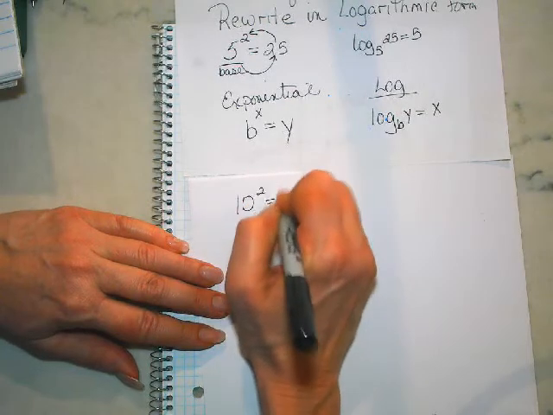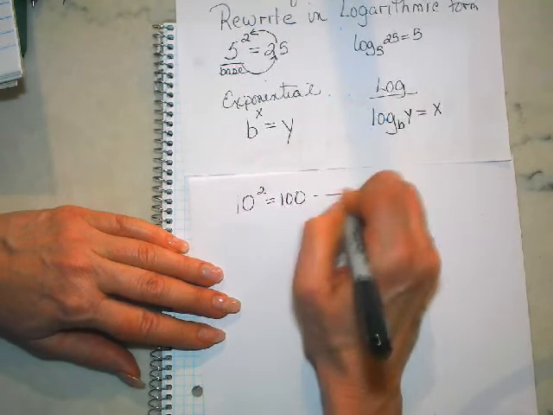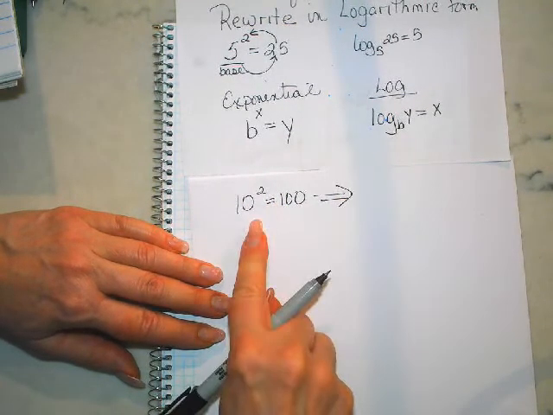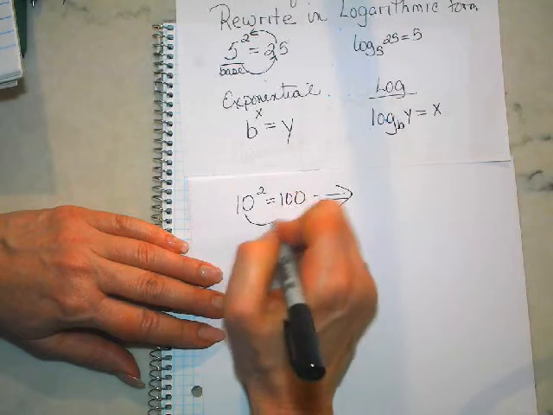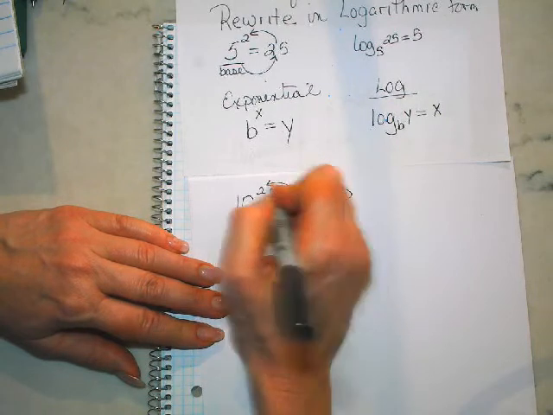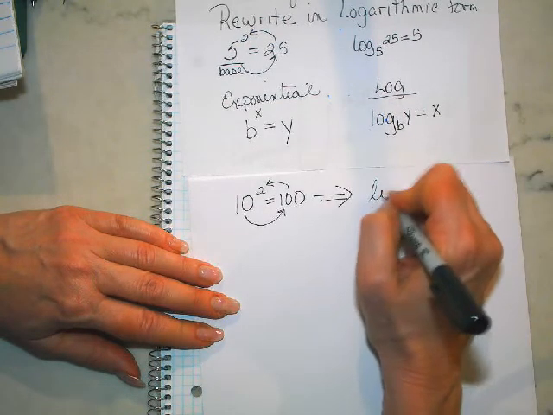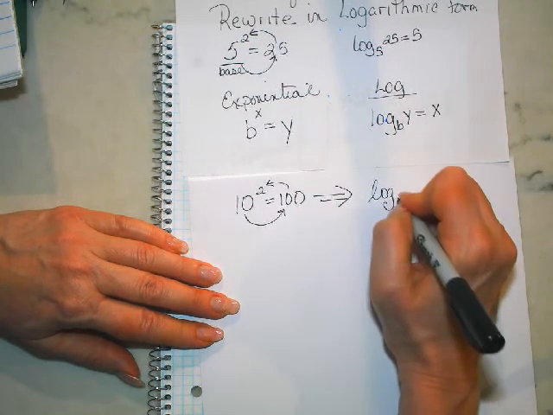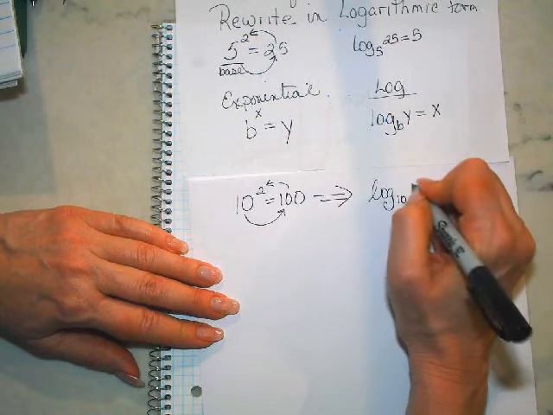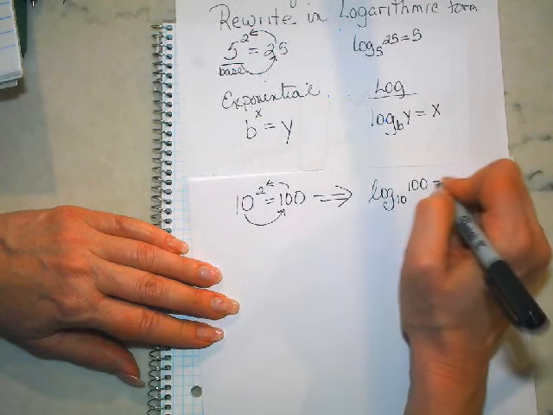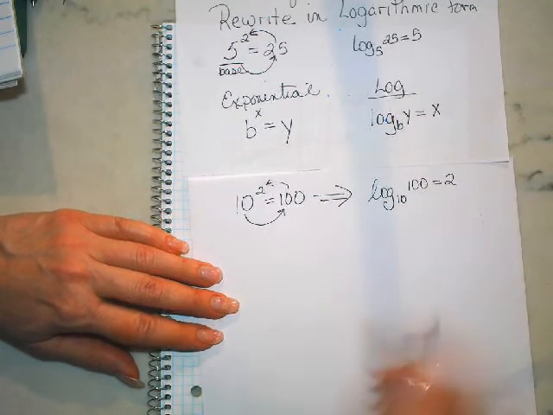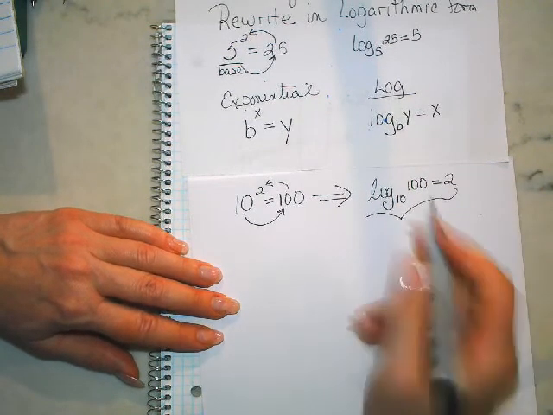I'll show you another one to go from base to log. 10 squared equals 100. Here's my exponential. I'm going to start with my base and write it in log form. Log base 10 of 100 equals 2.